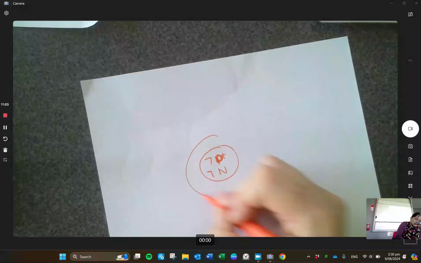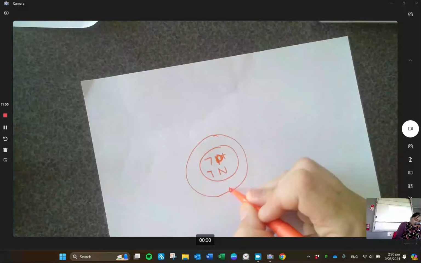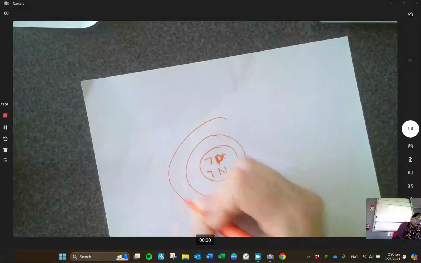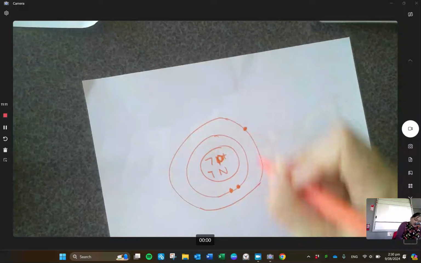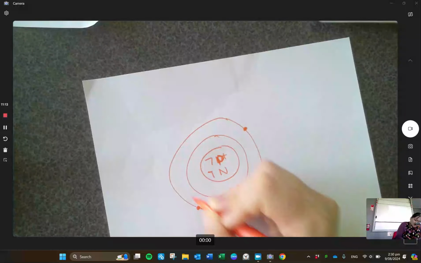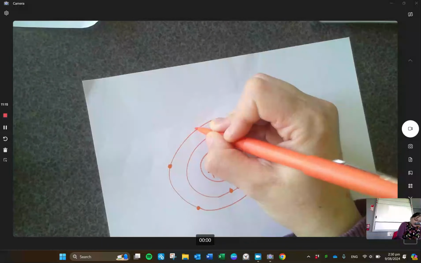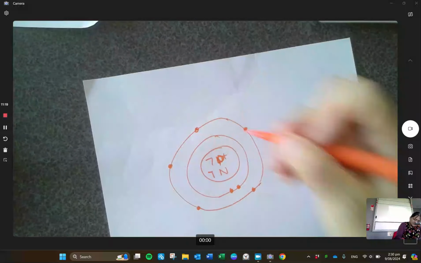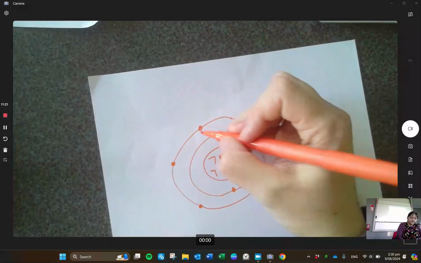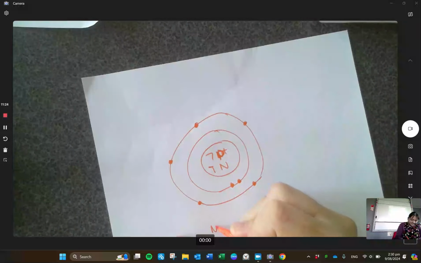And it has 7 electrons, 2 in the first shell and 5 in the outer shell. So that's nitrogen.